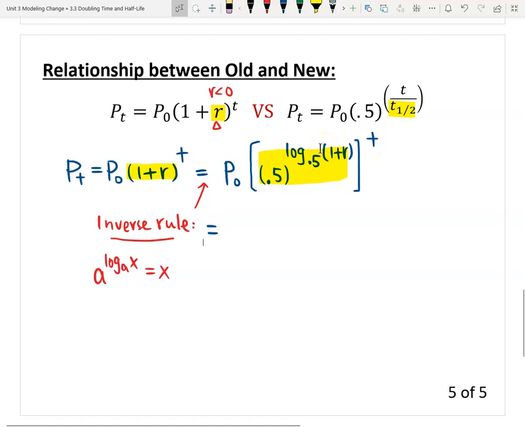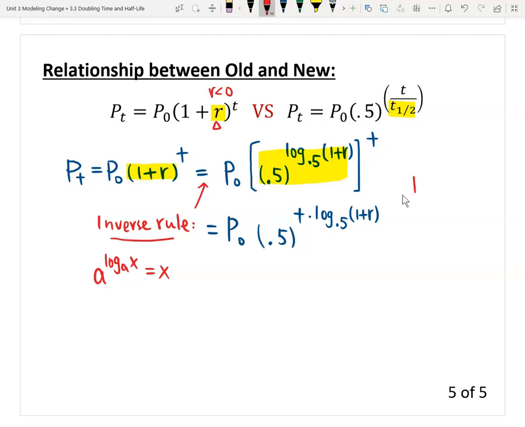We have a power rule of exponents, so we can get this result, which is P0 with the base 0.5. Now the new power is the two powers multiplied together, which is t times log base 0.5 of (1 plus r). We call this the power rule.